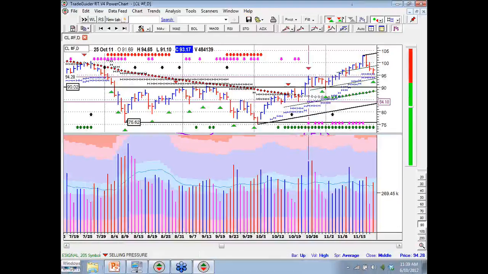Matter of fact, I'm going to draw something that yesterday we spoke about, specific things to look for when you have climactic action. It starts to come down. We know that they're probably going to try to take it higher.